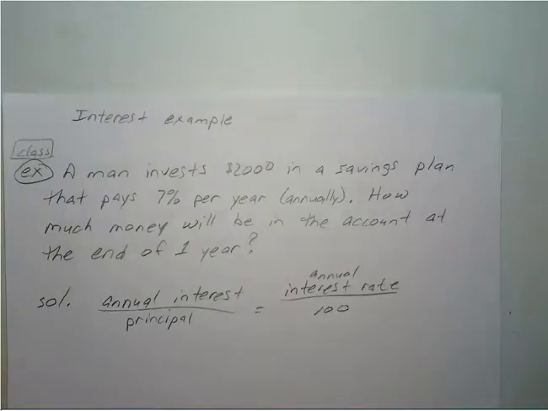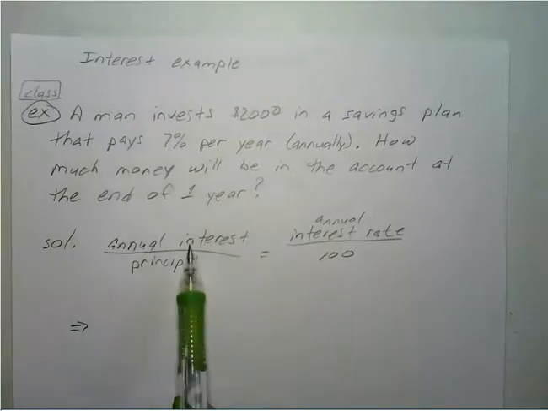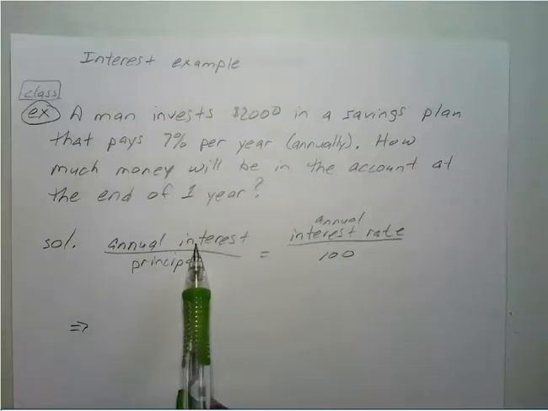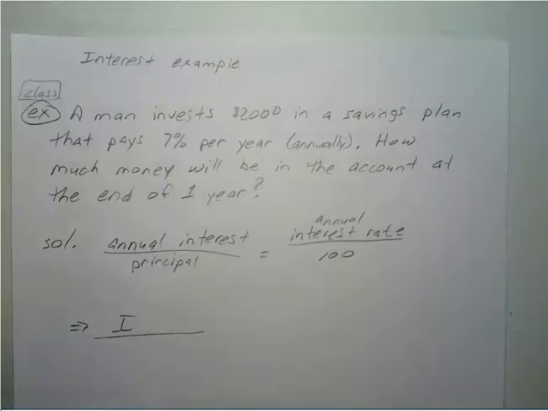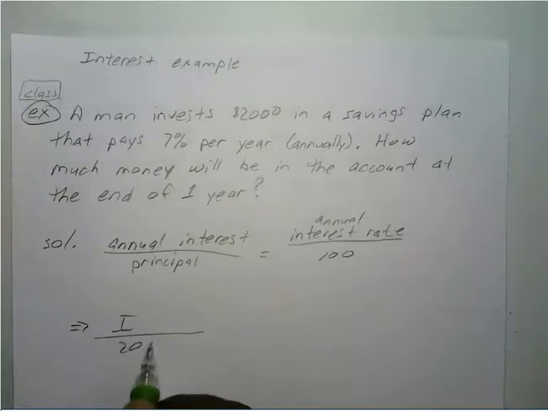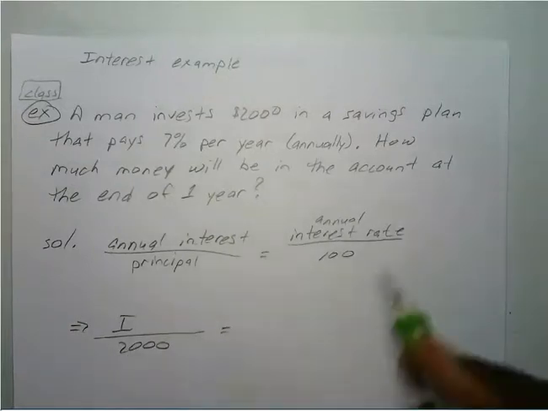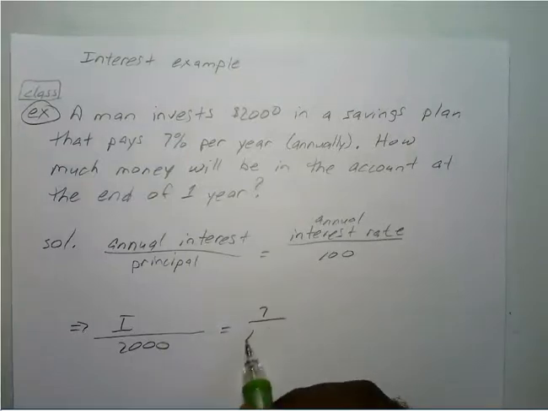All right, so we go ahead and plug everything into our formula. Your annual interest, we don't know, so we have our annual interest, which is I. We have our principal, which is the money that was started in the investment, which is $2,000, equals your annual interest rate, which is 7%, so 7 over 100.